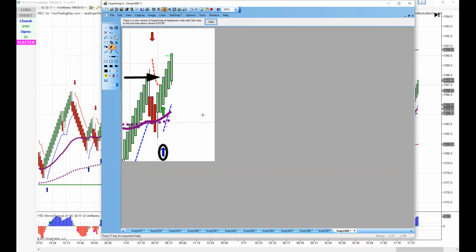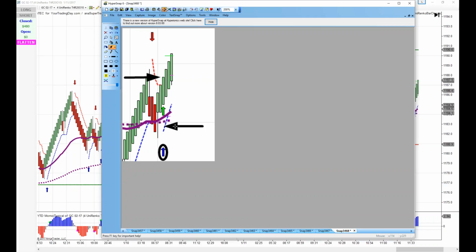Okay? When that happens, I want to place my stop loss 25 ticks under the trade. 25 ticks under where I got in at. And remember that we like to move our stop loss as quickly as possible out of risk. Okay? Let's continue on.